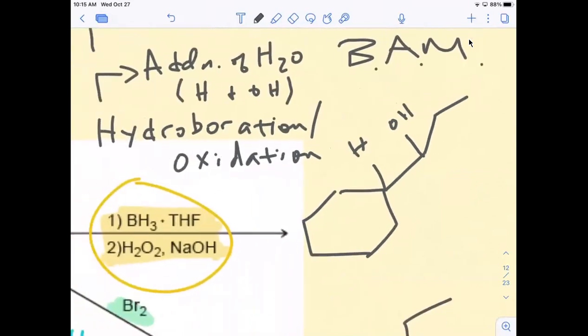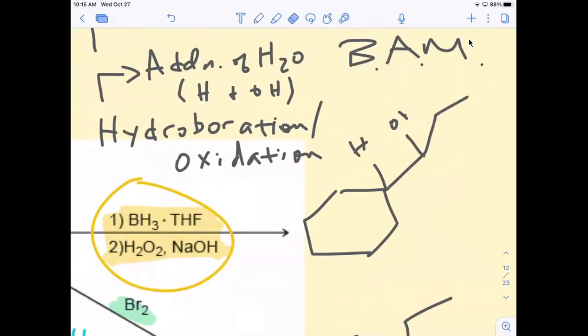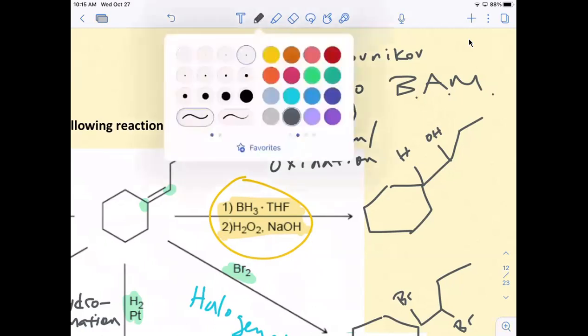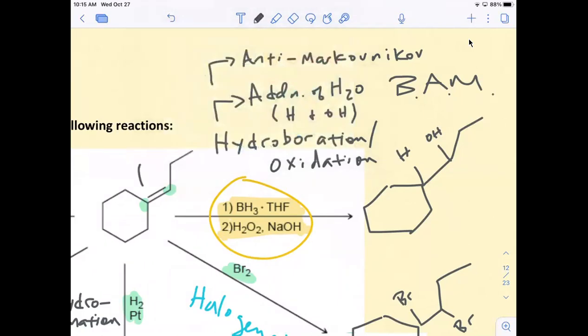All right. So if you notice again, the OH is now added to the least substituted carbon. This is important, right? If I need a way to make an alcohol from an alkene, I may not want the alcohol to be on this carbon right here. What if I don't want it there?